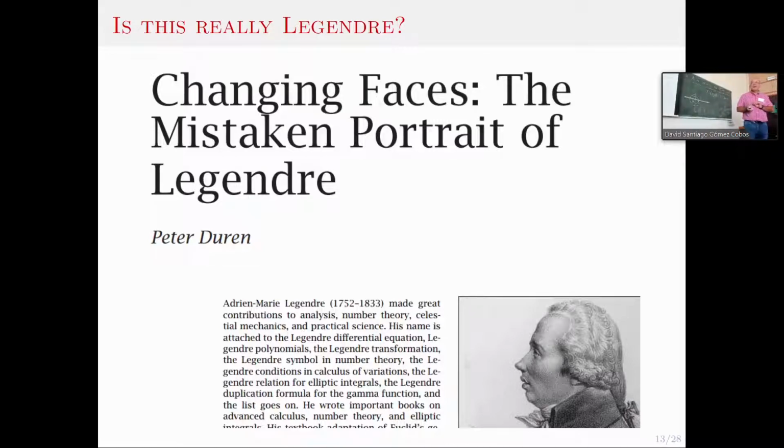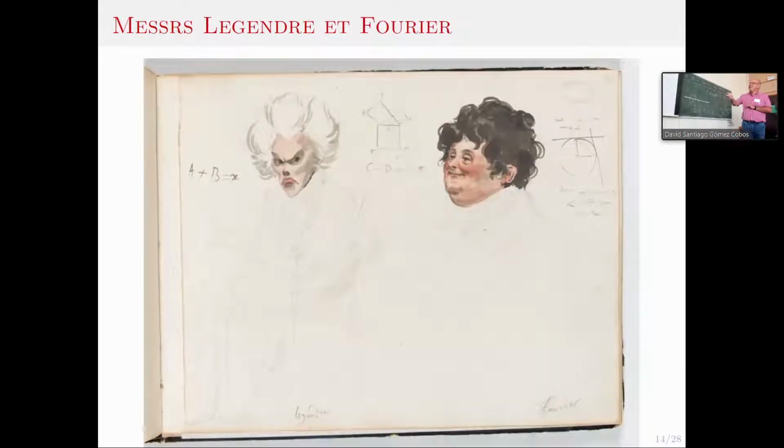I don't know who it is. This is Legendre. And this is Fourier. You observe how much happier Fourier is. And if you look at the historical record, Legendre was indeed a very rough guy, and it was not easy to deal with him. And so this is Legendre. This guy is really happy.